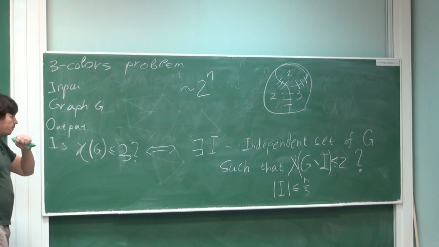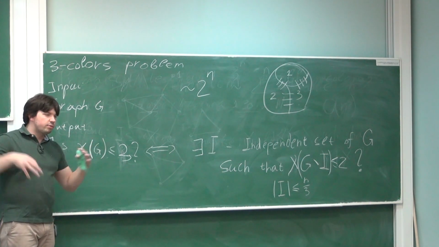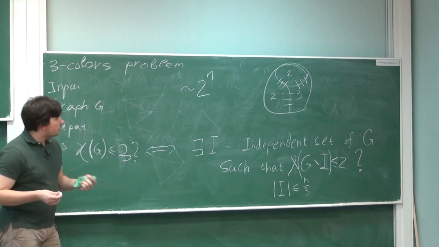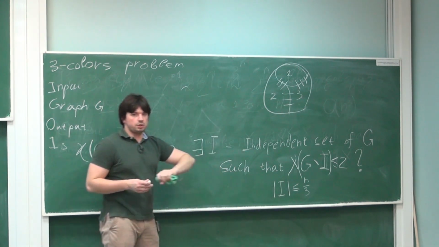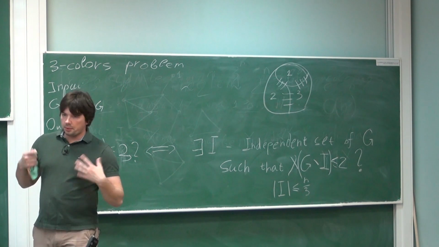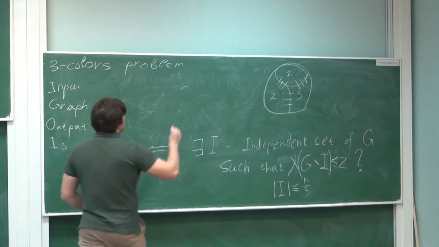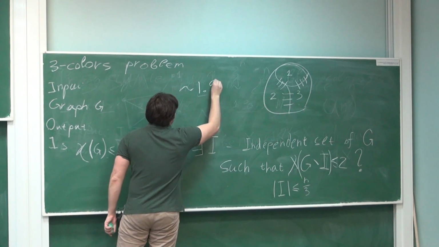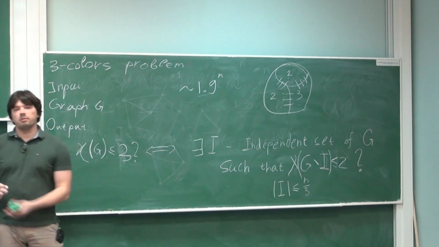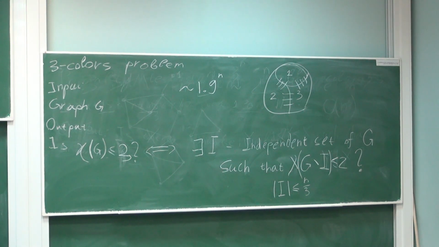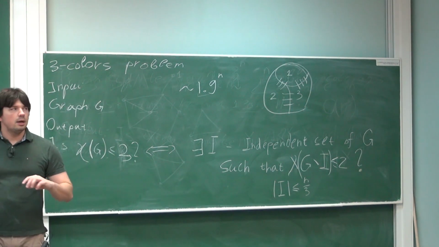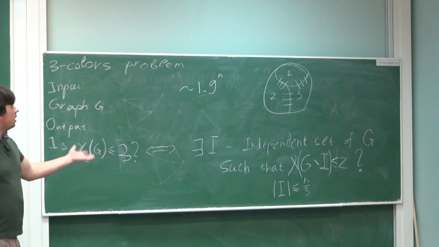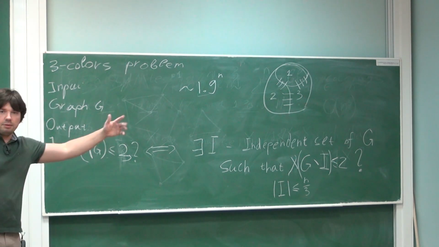I don't want to go into precise calculations of how to do that, but if you ask this question and do the brute force through the search space, you will have roughly 1.9 to the n possible candidates. So again, by just thinking about our search space just a little bit more, we get a better solution, a better algorithm, a better running time.